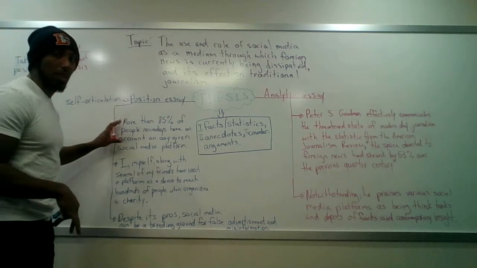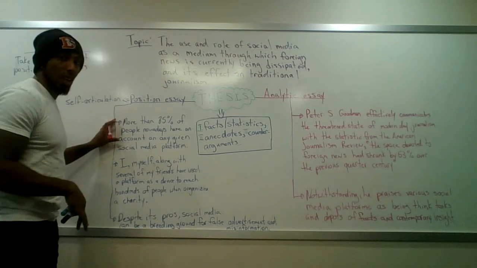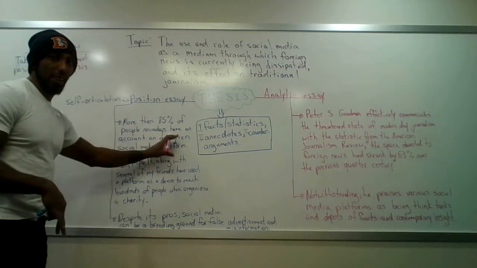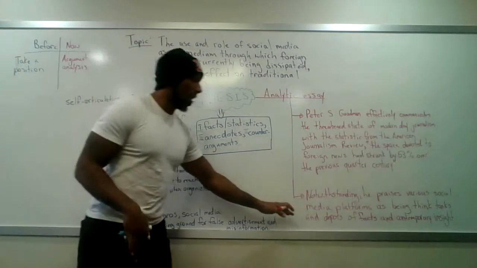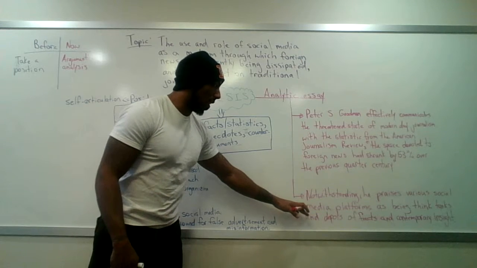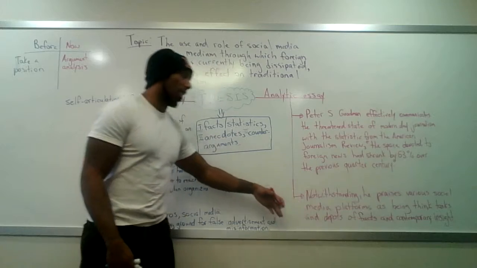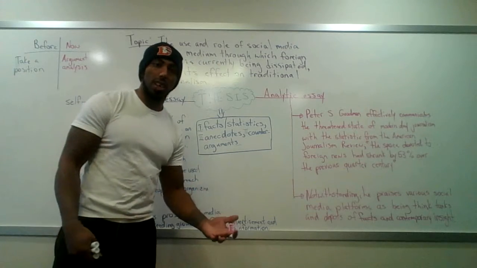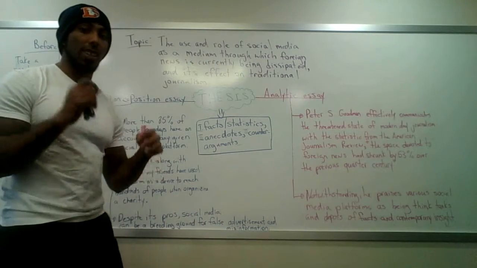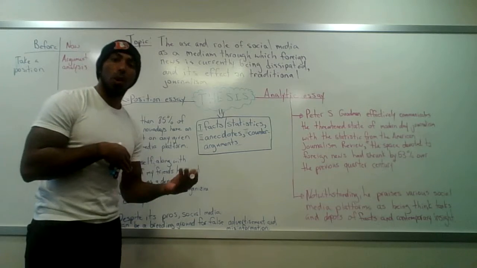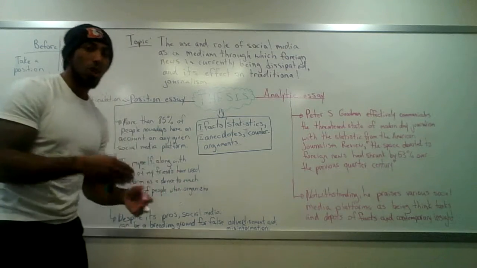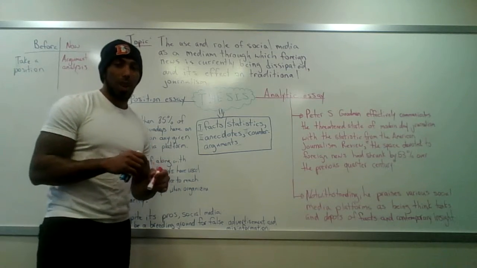The same thing is being said that's being said in the position essay, but it's just not being said outright like this, right? It's saying, okay, because these social media platforms are depots and think tanks of facts and contemporary insight, we can use those facts and contemporary insight to communicate a message. So they're not all bad, right?